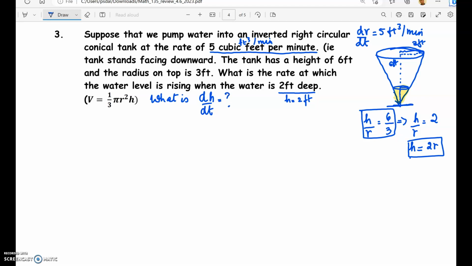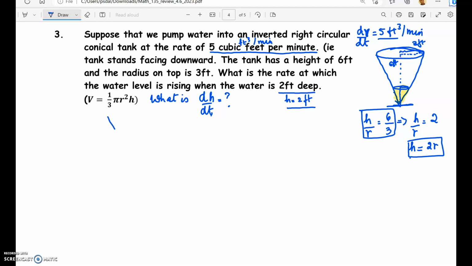So this is what we have to find out, at the instant when the water is 2 feet deep. So at the point when h is 2 feet, we have to figure out dh by dt. The rate of change of volume with respect to time is given, and that is 5 cubic feet per minute.